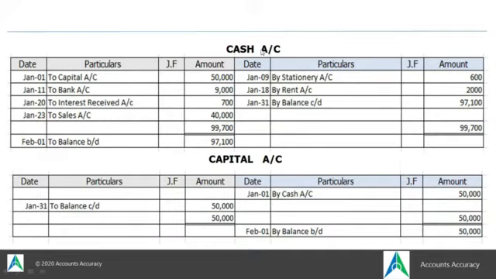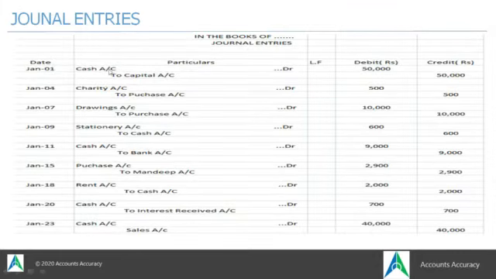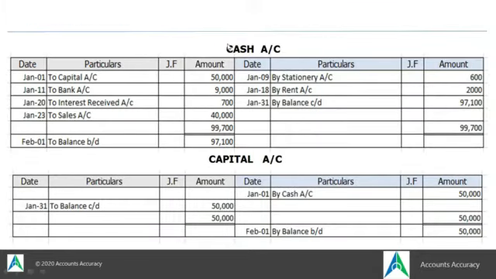So in that case you don't have to take the cash part, that is the debit part, you will only pick the credit part, because the debit part account, the ledger account, you are already preparing. So you will only take the credit part, that is to capital account, and you will post it on the debit side of cash account.